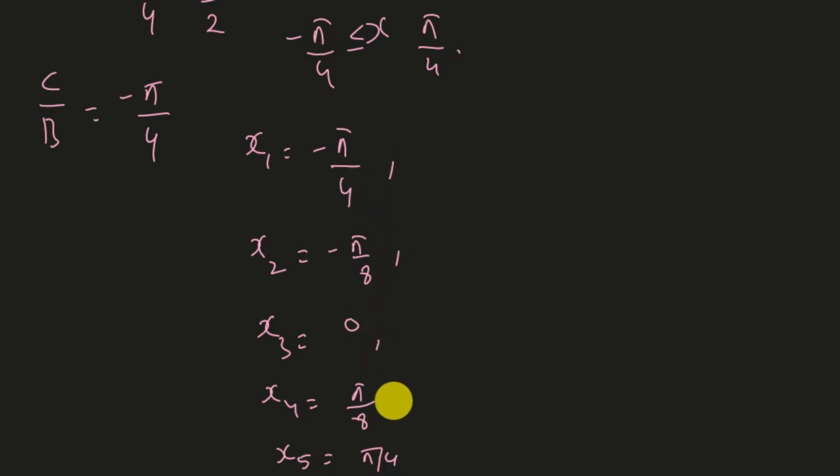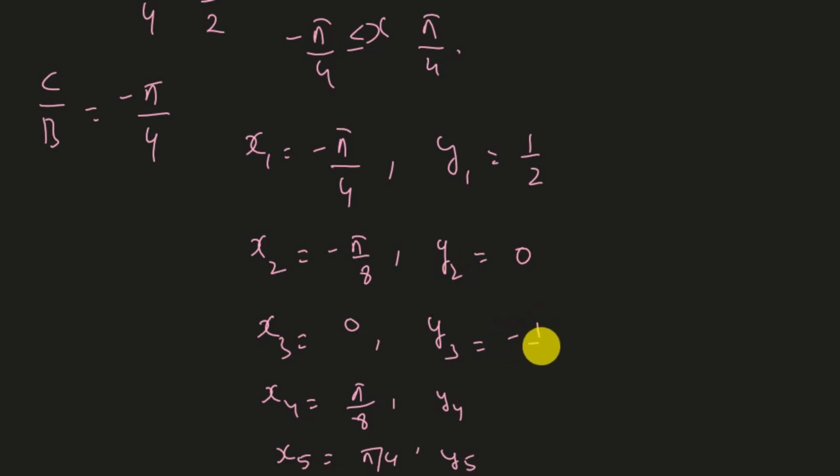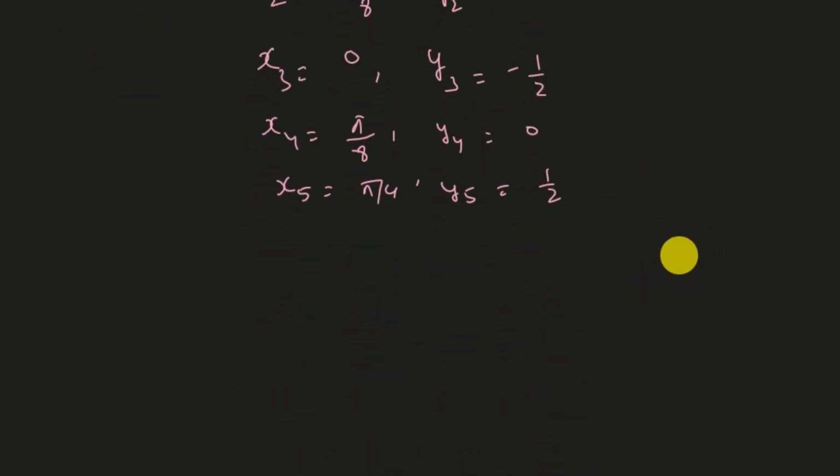Corresponding to these key points, find the values y1, y2, y3, y4 and y5. So y1 would be 1 over 2, y2 would be 0, y3 would be minus 1 over 2, y4 is again 0, and y5 is 1 over 2. So these are the points. Now we can plot the graph easily.